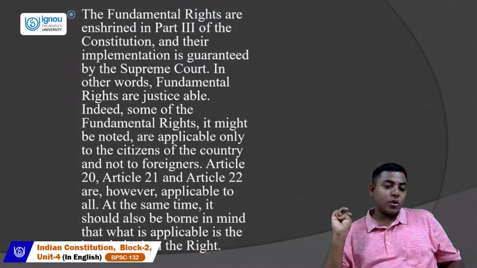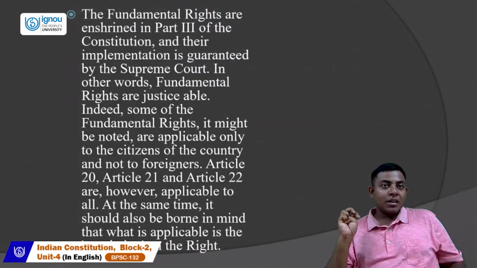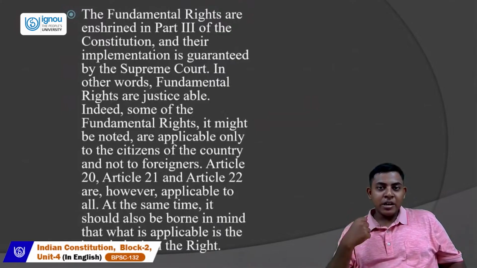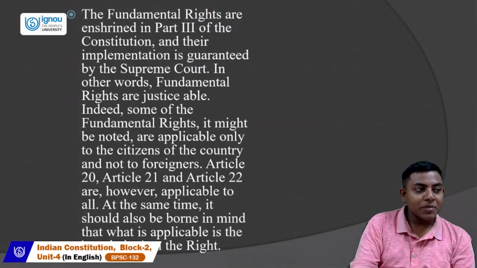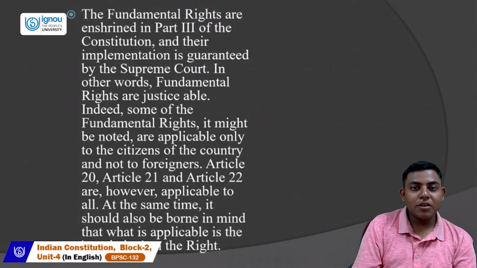For example, Article 20, which gives certain protection in matters of conviction. A person cannot be forced to be a witness against himself or herself. One person cannot be punished for the same crime twice, that is, double jeopardy cannot be there.